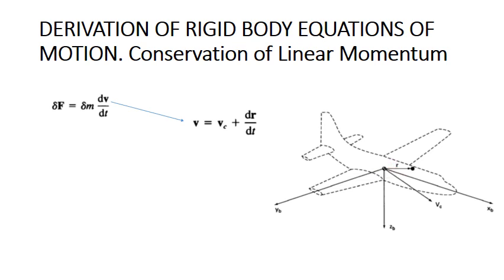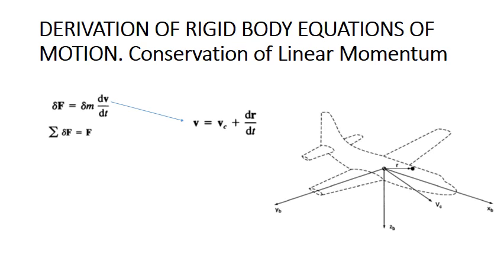And the total external force acting on the airplane is found by summing all the elements of the airplane. So the summation of the infinitesimal ΔF equals the total force applied to the airplane, F.